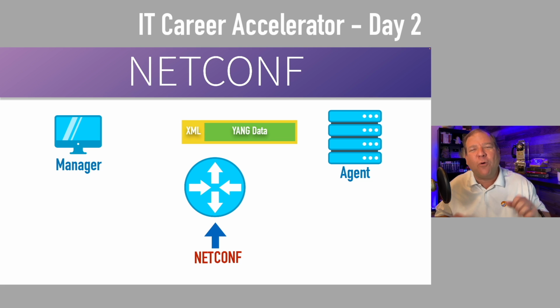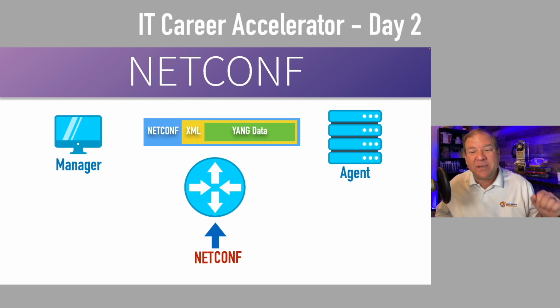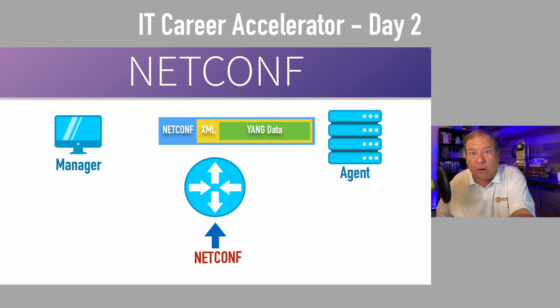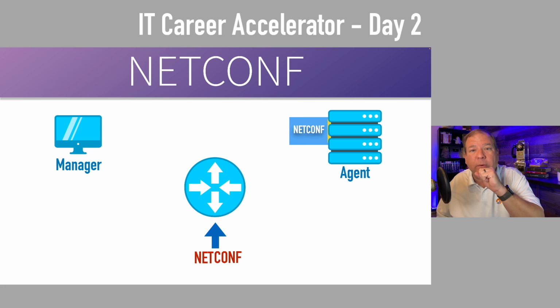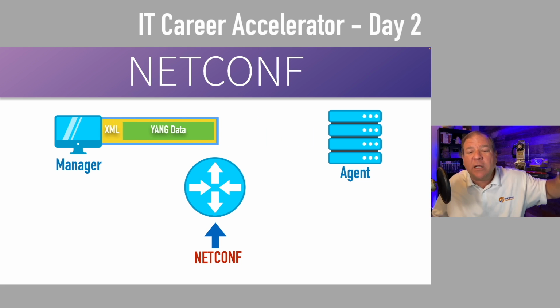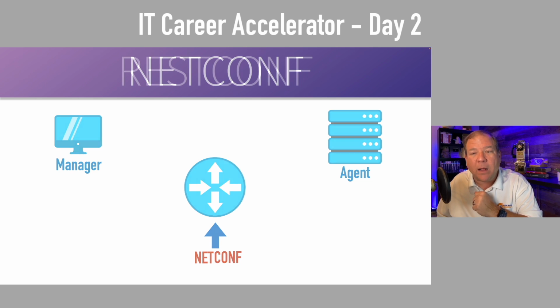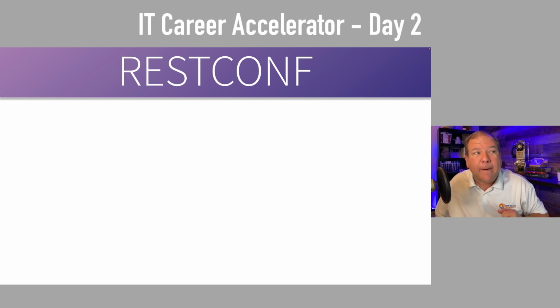But it's going to be formatting this Yang data in XML, and then this netconf packet is going to be going back and forth between our manager, whether it's our computer running a program or Cisco DNA Center, and the device being configured. And it's going to make updates based on that Yang data model. That's one way of doing it.